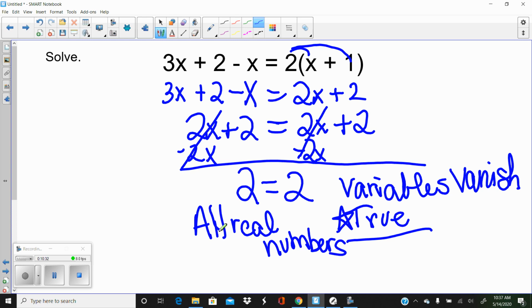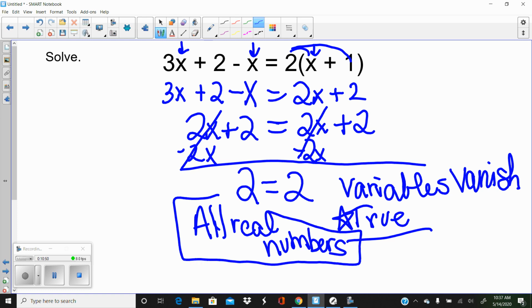So in other words, I can choose any possible number to put in for x, and whatever I put in for x, it will make a true statement. I could choose -1000, I could choose 812.4, and it will make a true statement. So every possible number is an answer. And that is very important for you to be able to communicate, because this is definitely a special case.